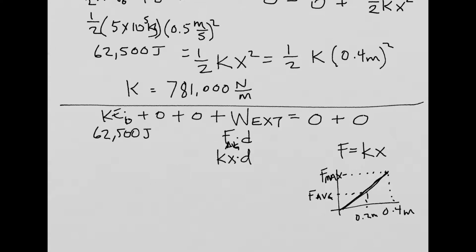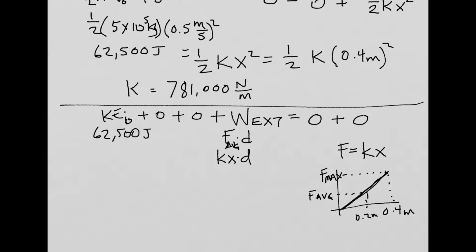So this x here is not 0.4 meters, it's 0.2 meters. Okay? Sorry, I got that backwards. x is the average compression of the spring, 0.2 meters. d is the distance over which the average force works, 0.4 meters.